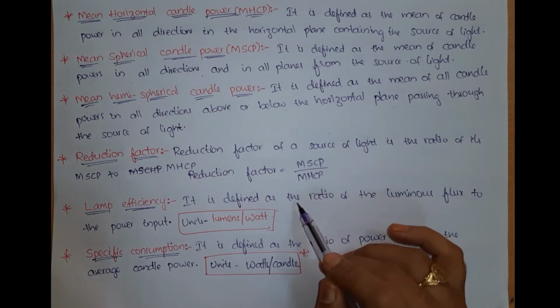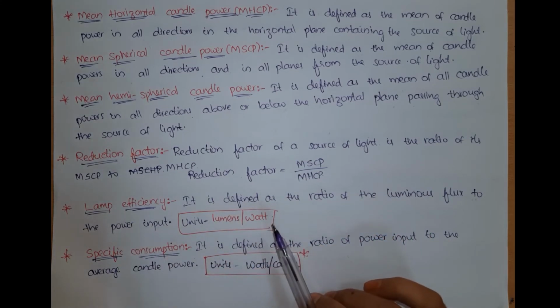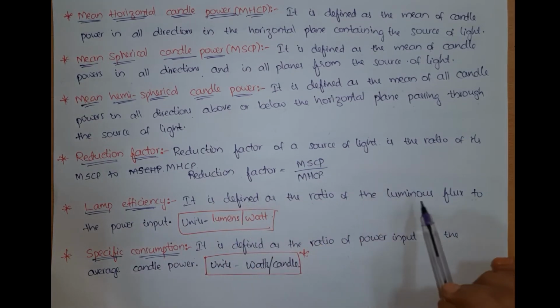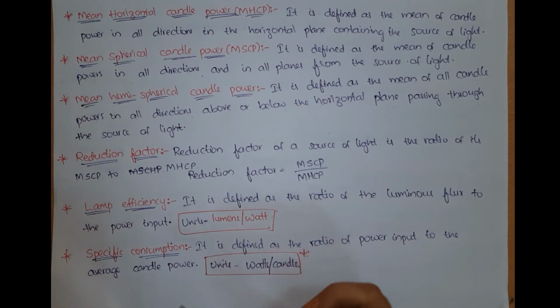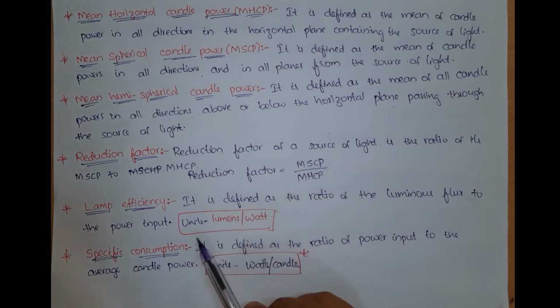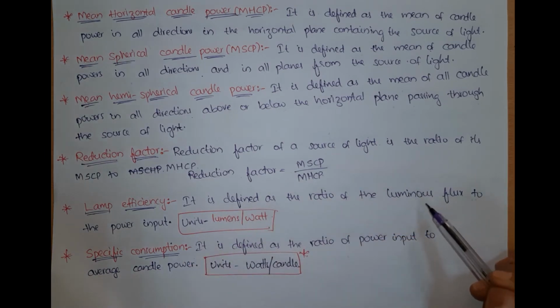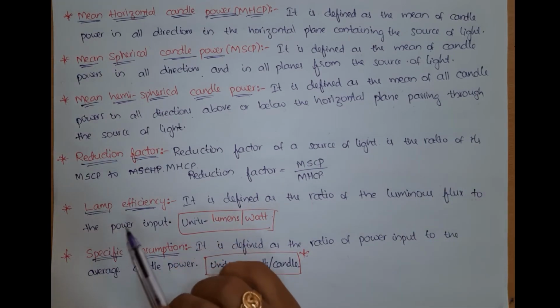Next, coming to lamp efficiency. By the name itself we can understand that it is the ratio of luminous flux to the power input. For the input power we are giving, how much luminous flux is it generating? That is called lamp efficiency.